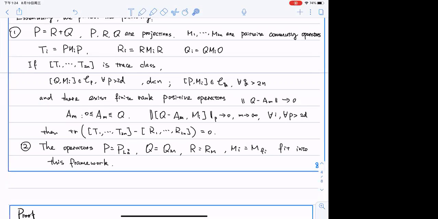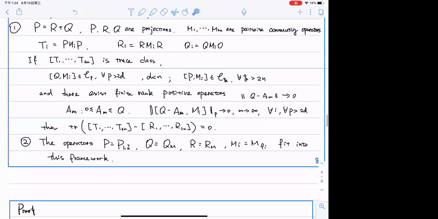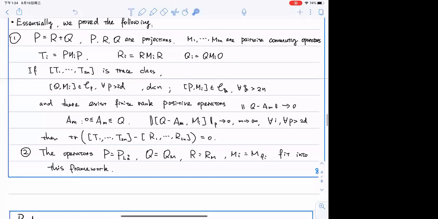So if you have an estimate on the norm and an estimate on the p norm of the commutator, then we can conclude that the trace of these two anti-symmetric sums are the same. So this is the first thing we prove.